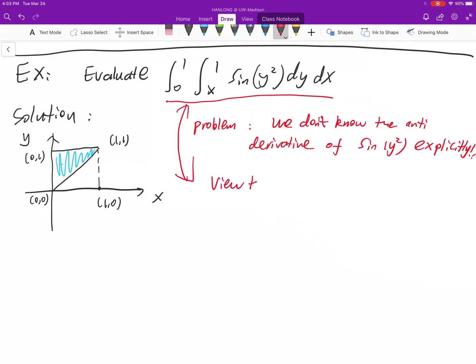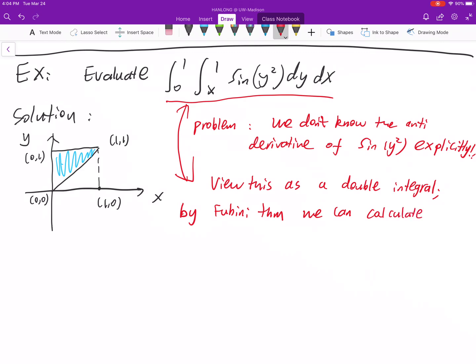View this as a double integral, and by Fubini's theorem, we can calculate in a different order.